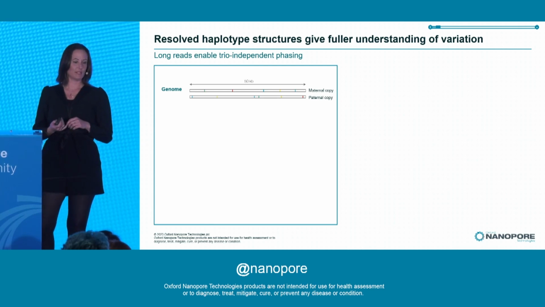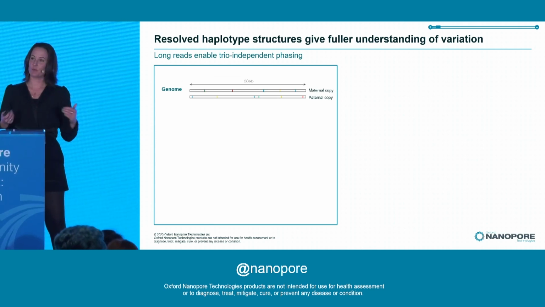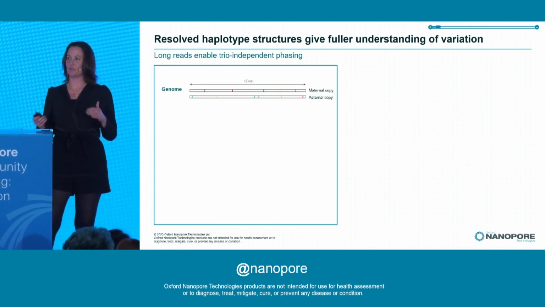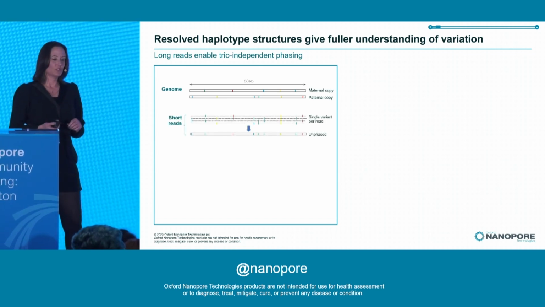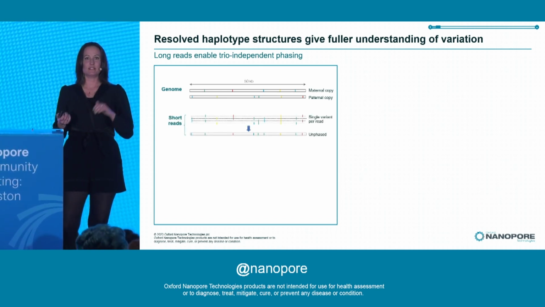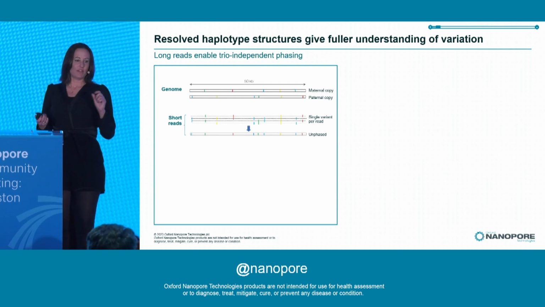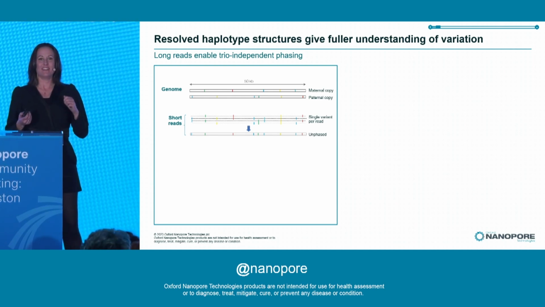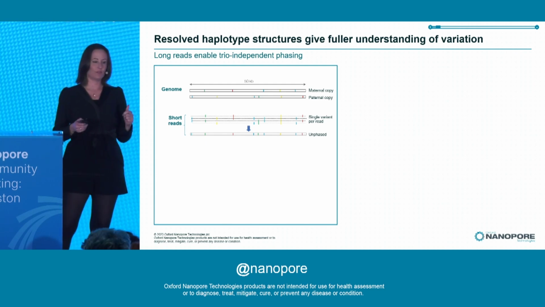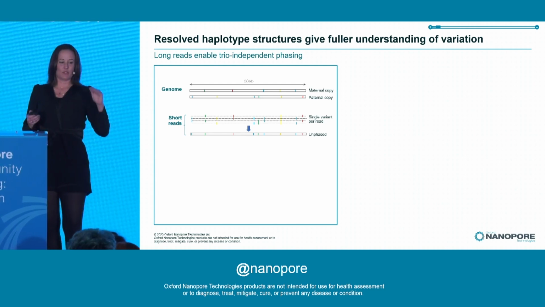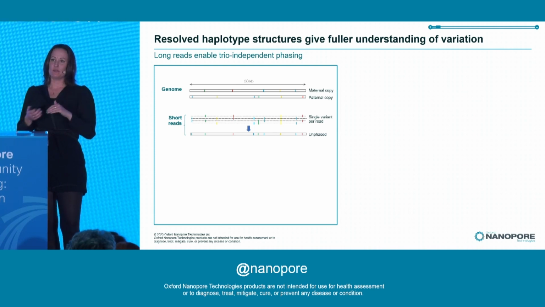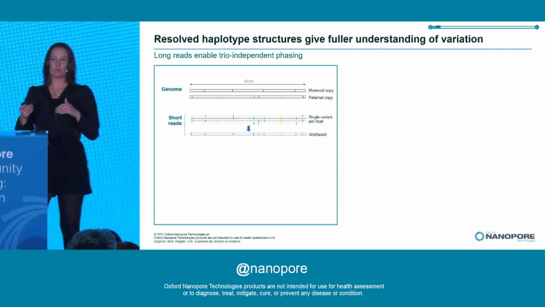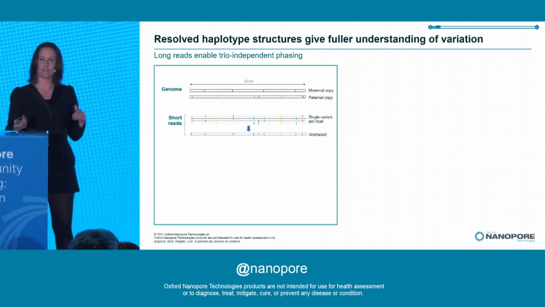It's around 50 kb. As you know, the genome has a maternal and a paternal copy, so two different haplotypes. With short reads, you can easily detect the variant, but there's one variant in a read, or none. That means you can detect the variant, but when you try to see which variants fit together on different haplotypes, you get a collapsed, unphased assembly.